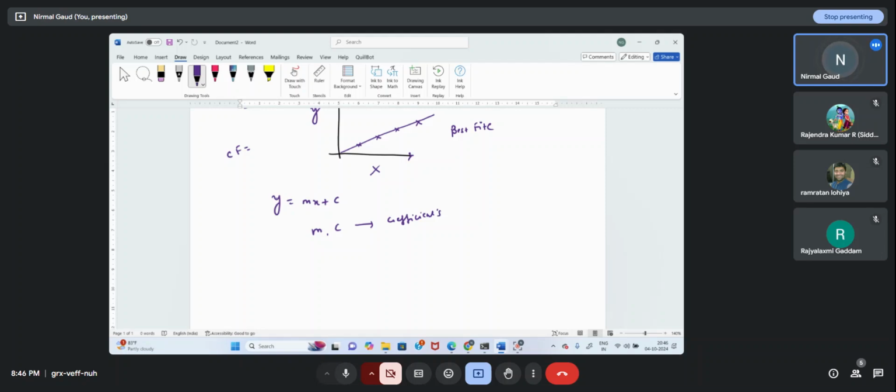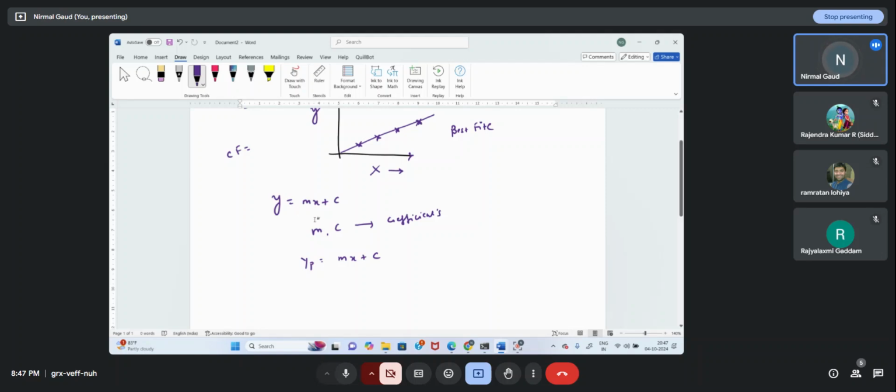After getting m and c, I can calculate y prediction by putting the value of m and c here, and x I can take. So this is the x, and the predicted points which I calculated, they are coming in the same line. Okay, they are coming here in this line.